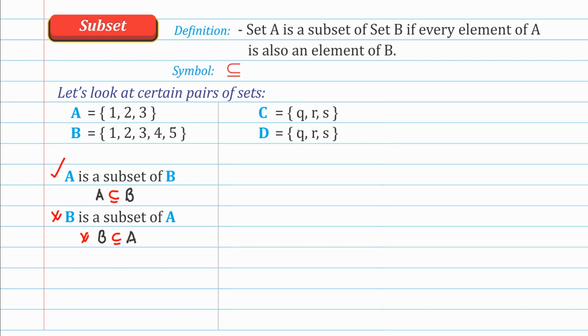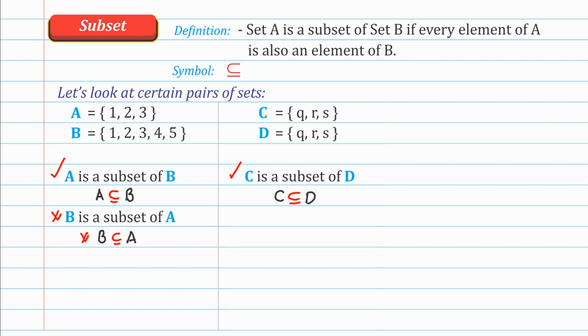Q, which is in C, is also in D. R, which is in C, is also in D. Finally, S, which is in C, is also in D. That means every element of C is also in D. Therefore, we can say C is a subset of D, which can be symbolized as C is a subset of D. Now, from the first example earlier, we said that A is a subset of B, but B is a subset of A is not true.